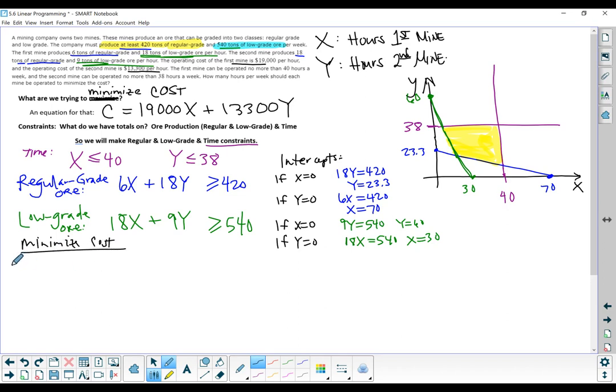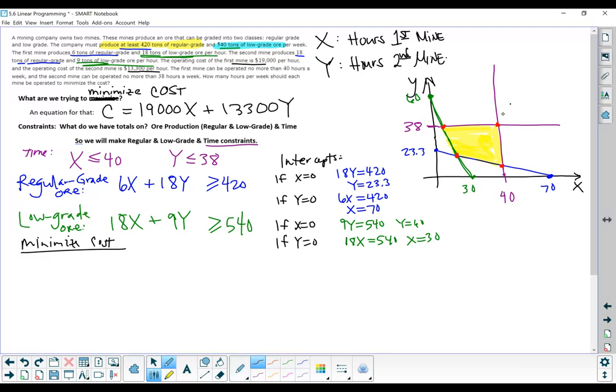And so we need to check the cost at each vertex. So linear programming tells us that if we determine that feasible region, the minimum and maximum are going to occur at a vertex of the shape that is formed.